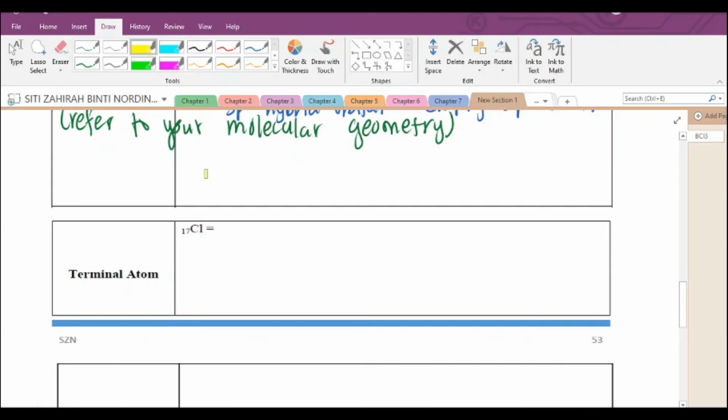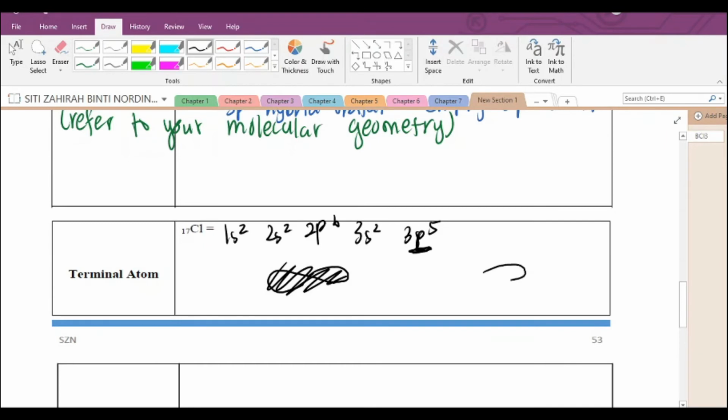Cl has a proton number of 17, so that would be 1s2, 2s2, 2p6, 3s2, 3p5. So the last orbital is the p orbital, which has a dumbbell shape like this. Check that my lobes are of equal size, so I don't want you to draw it like this. Make sure that all your lobes are of the same size.